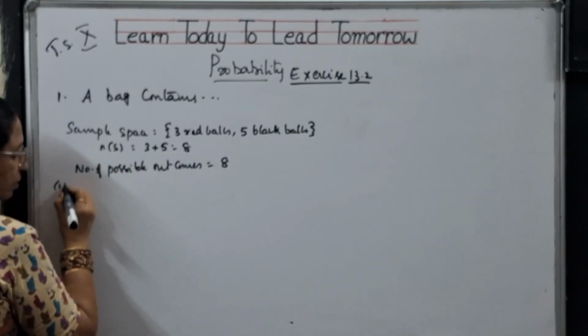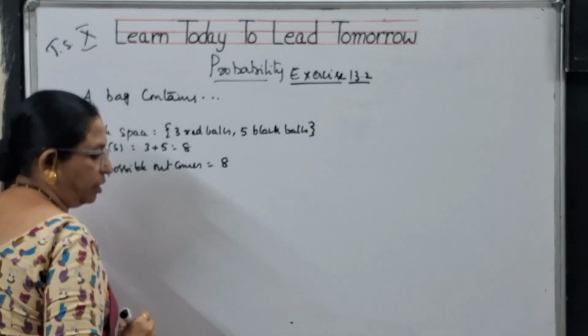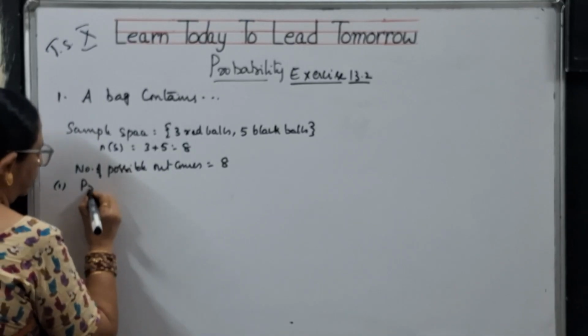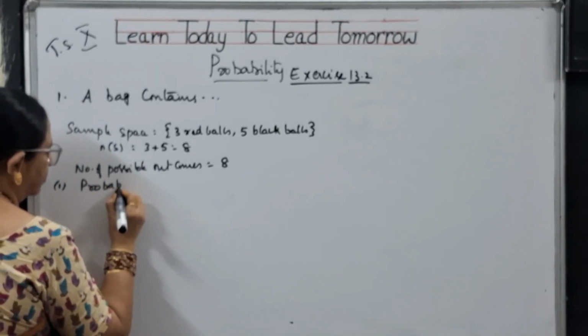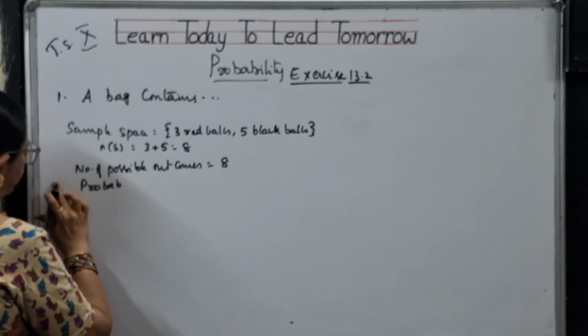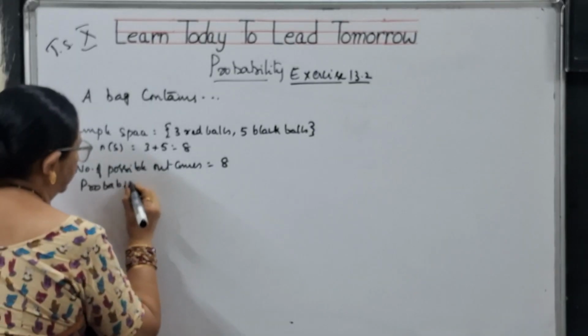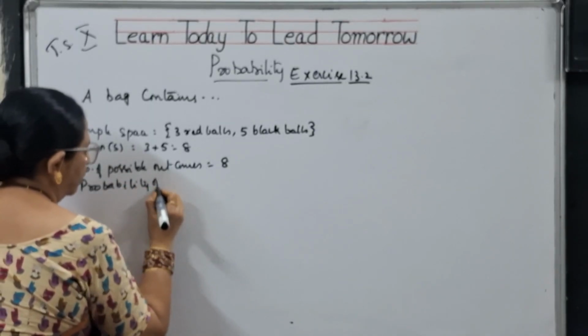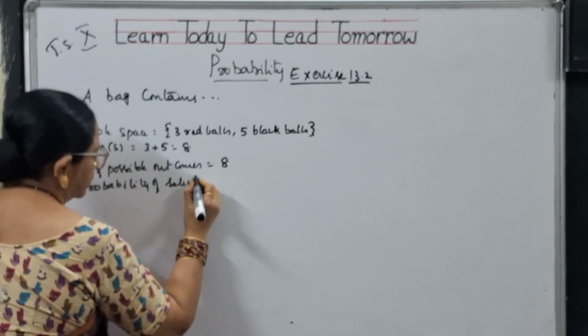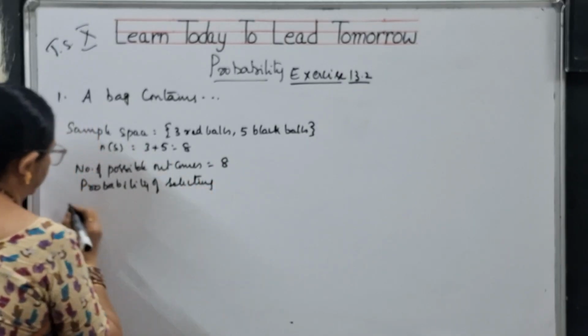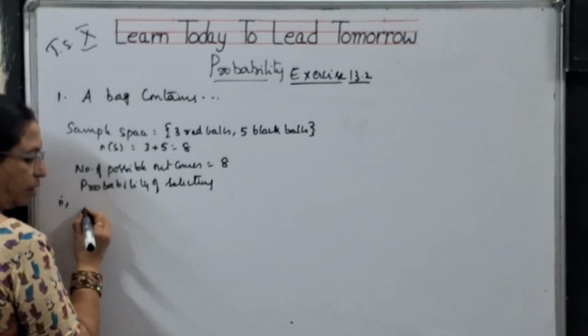The first one is, now the question is, probability of selecting a red ball.